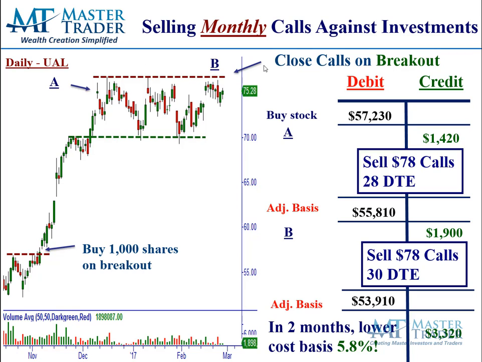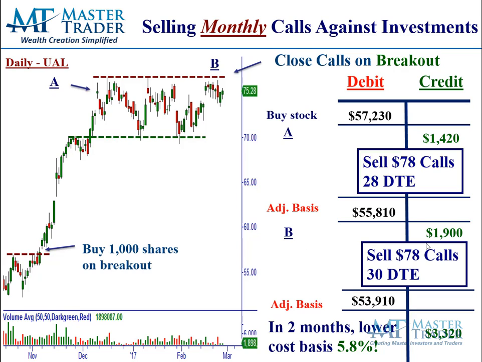So at B, we're going to repeat what we just did. Rinse and repeat, as the saying goes. Since the stock hasn't gone anywhere, we're going to sell the same out of the money $78 calls, but they're 30 days in this case because that's where it fell on the calendar.